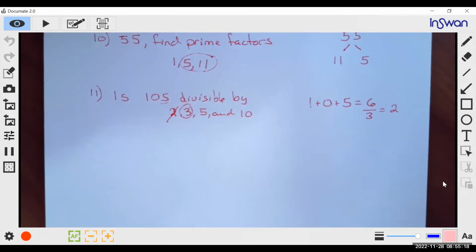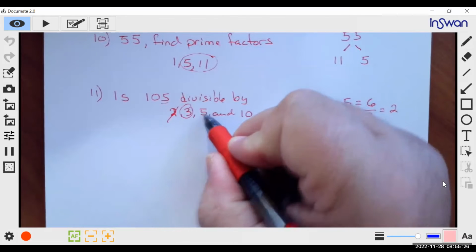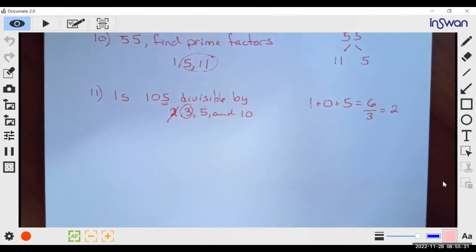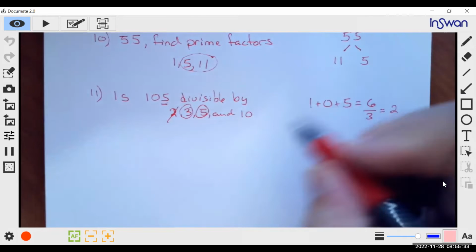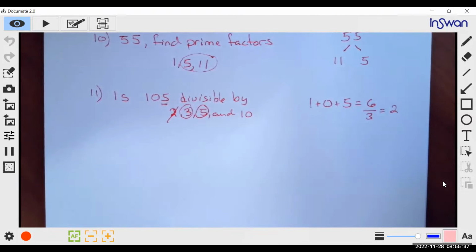What's the rule about divisibility by 5? If the last digit is a 5 or a 0, then it's divisible by 5. So yes. What's the rule for divisibility by 10? Does the number end in 0? No, so it's not divisible by 10. So it's only divisible by 3 and 5.